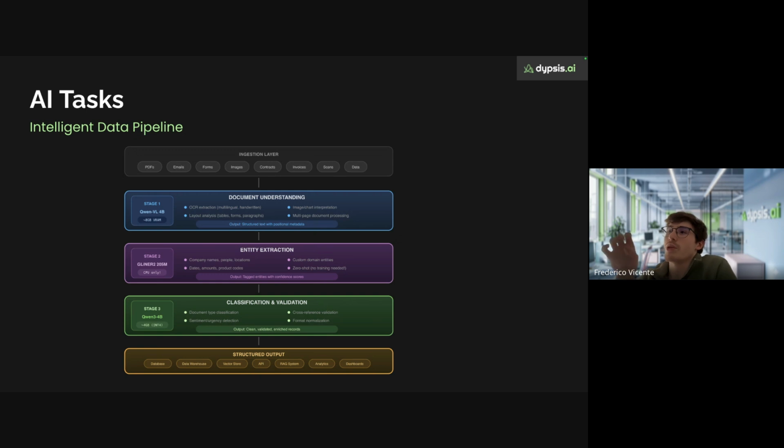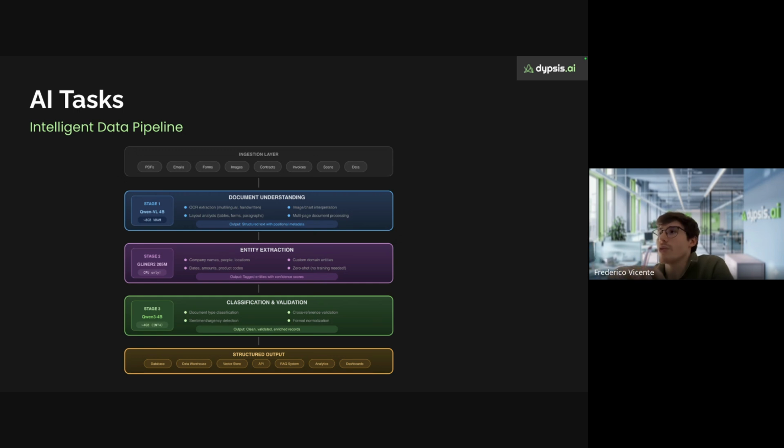For example, we might want a task just for extracting the actual content of the document, using some OCR to extract the text and also the structure of the documents. For this, we could even use, for example, a Qwen VL 4 billion parameter small model. Then we might want to extract entities from this text and how they relate to each other, and even ingest this into a knowledge graph to have some kind of graph understanding of the entities.